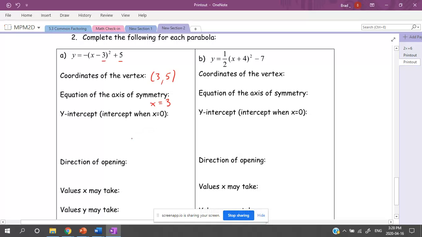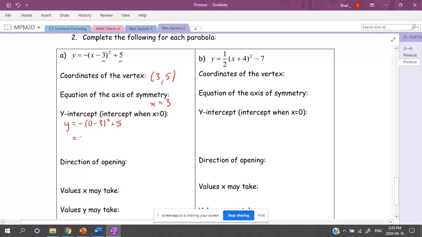Now, what's the y-intercept? Okay, now the y-intercept doesn't show up for us in this form, right? None of those numbers directly tells us the y-intercept, but we can actually find it out pretty quickly by just subbing 0 in for x. So let's do that.